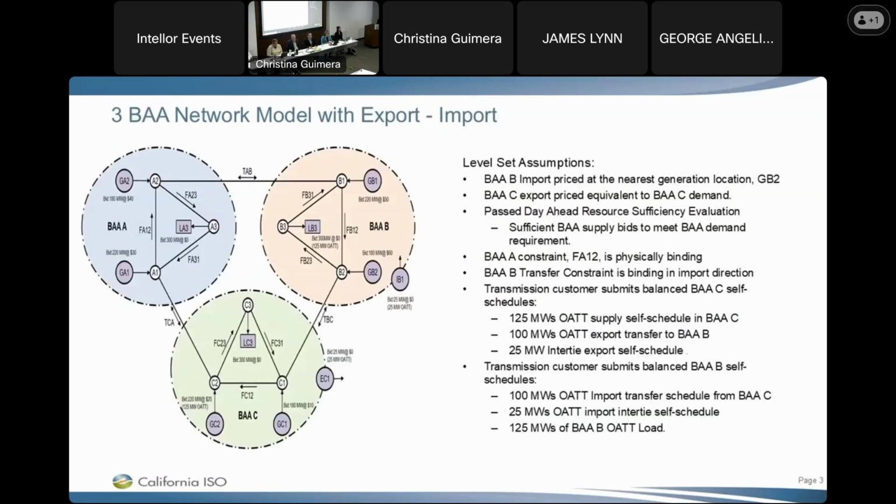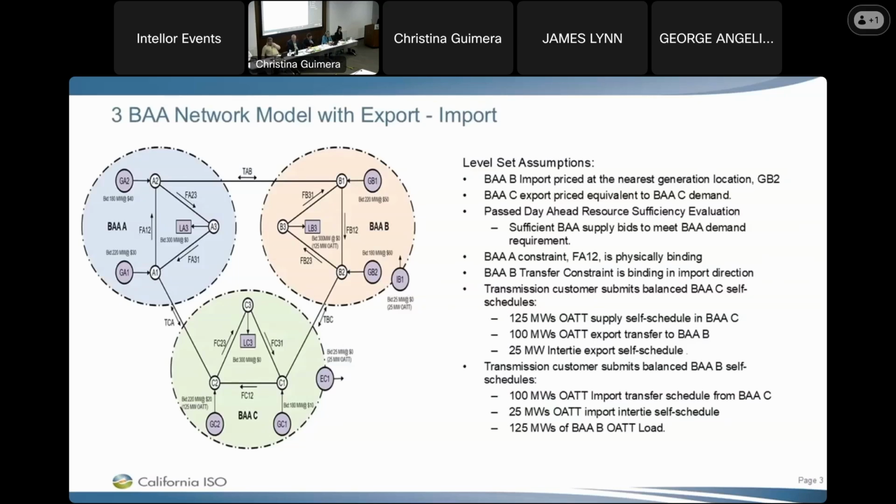So I'm going to level set this network model. Instead of doing 4, we did 3. So we have 3 BAAs. In each BAA, we have defined the nodal locations as well as the constraints between the nodal locations. For BAB, I'm going to make the assumption that the import is priced at the nearest generation location.